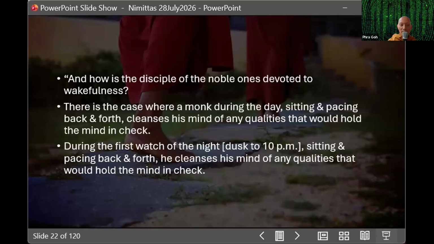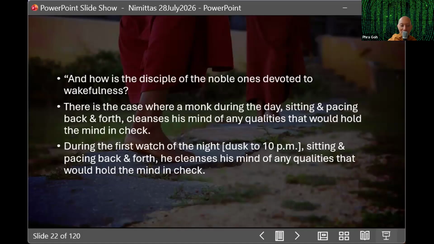And how is the disciple of the Noble Ones devoted to wakefulness? There is the case where a monk during the day, sitting and pacing back and forth, cleanses his mind of any qualities that would hold the mind in check. So this is the example. During the first watch of the night, they estimate dusk to 10 p.m. Dusk is the moment of sunset.